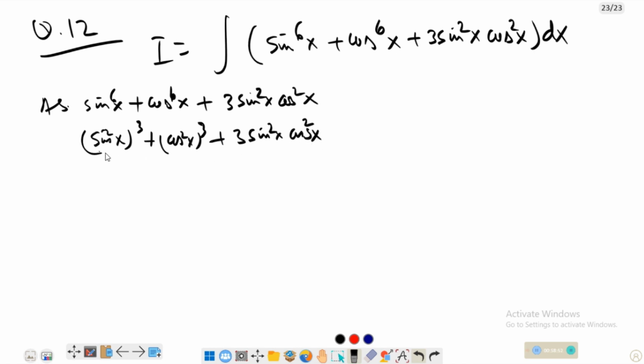So we use this formula: a cube plus b cube is equal to a plus b into a square plus b square minus ab.